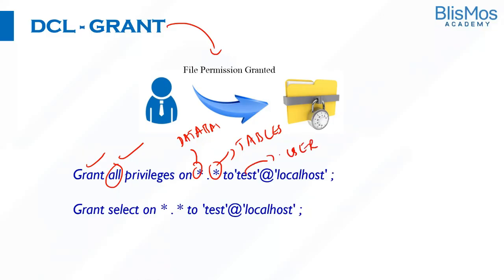And test is a user on this particular host. Grant all means give all the permissions, such as select, create, delete, on all the databases in the RDBMS system, and all the tables in those databases, to this particular user. After running this command, this user would have all the privileges.